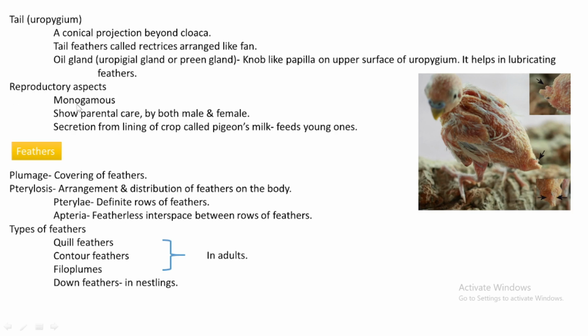Reproductive aspects: they are monogamous. Monogamous means one male is associated with only one female. They show parental care, and that parental care is done by both male and female. And they also secrete milk for the young ones, that is secreted from the lining of the crop.